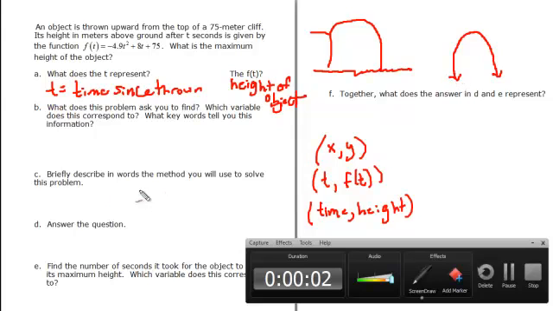So if it's asking us to find the maximum height, aren't we looking for the maximum f of t, which is the maximum y value? So that maximum y value, if it opens down, we talked about earlier that it would be up here. And what's the point that's up here called? It's called your vertex. So we need to go ahead and find the vertex.